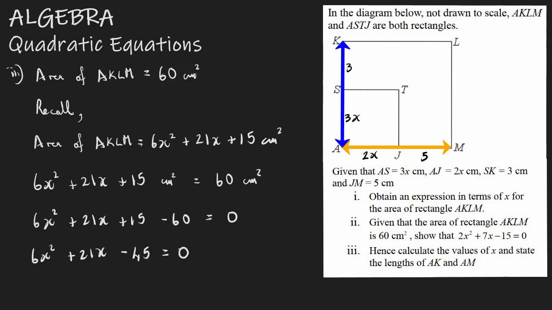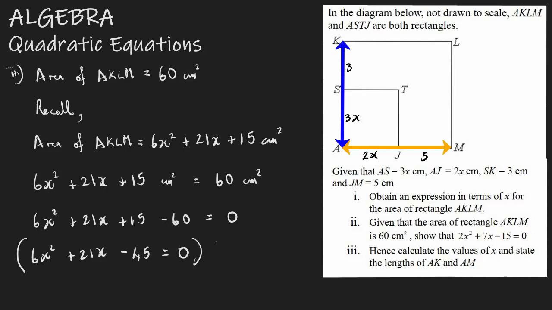I notice that the coefficient of the x squared term is 6, the coefficient of the x term is 21, and my constant is negative 45. These numbers all share a common multiple, which is 3. So I can simplify my equation further.